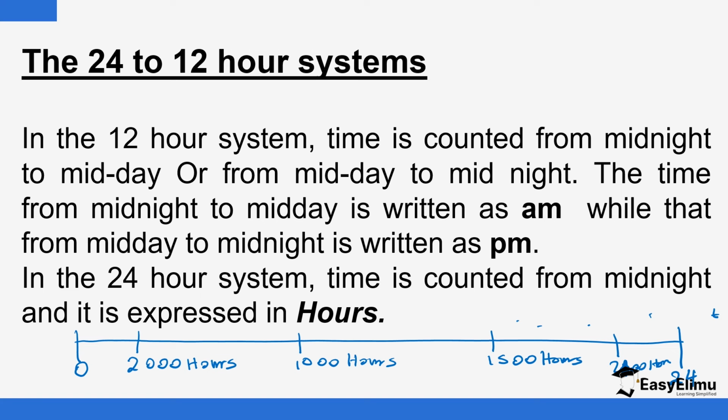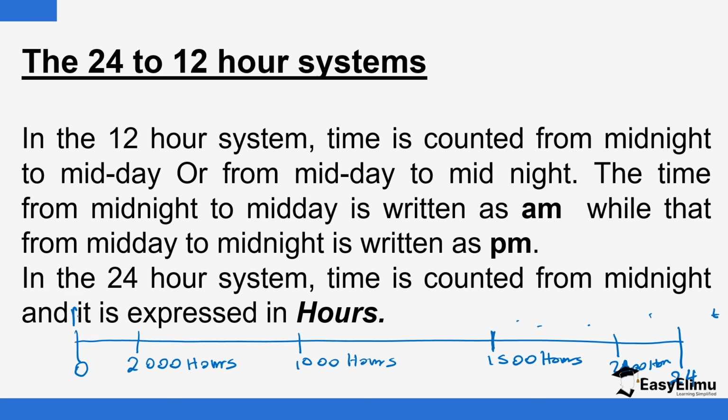So when you are stating the time, like at what time are you watching this video, you'll be stating that time in terms of how many hours from the previous midnight.